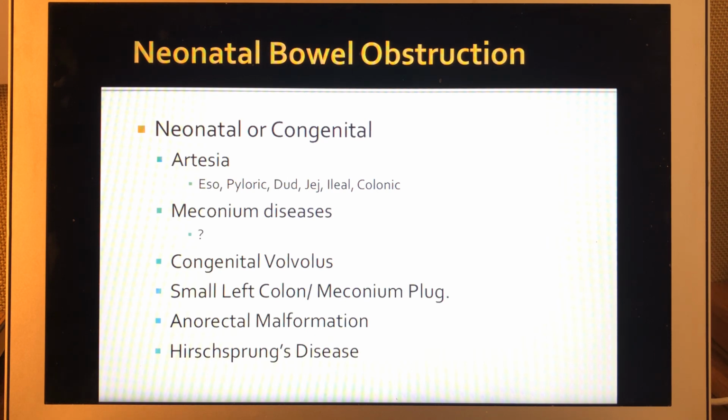Congenital volvulus, which is a twist of the intestine that happens intrauterine or just prior to the baby exiting the abdominal cavity or the uterus. Small left colon syndrome or meconium plug syndrome, anorectal malformation, and Hirschsprung disease.